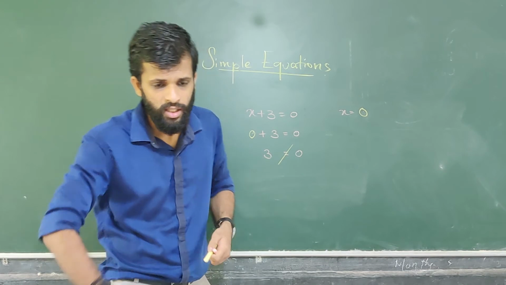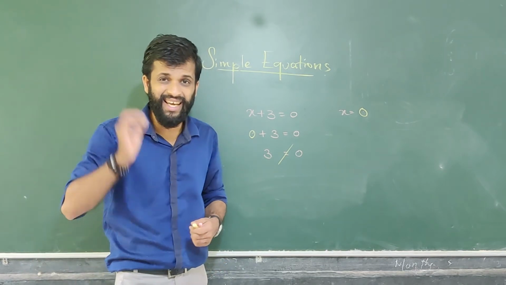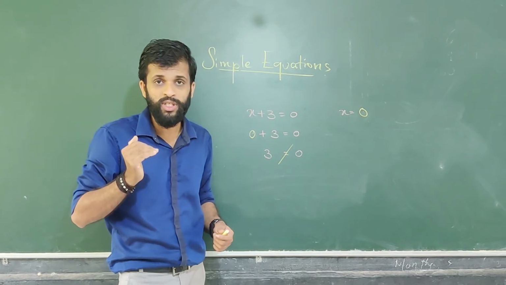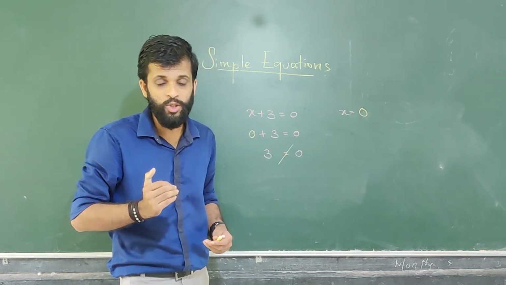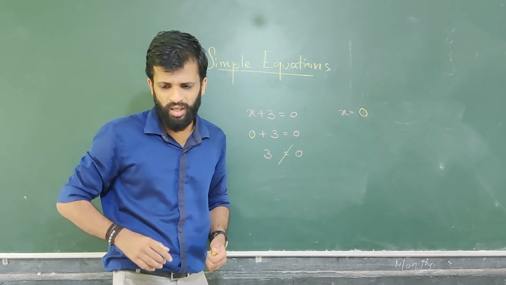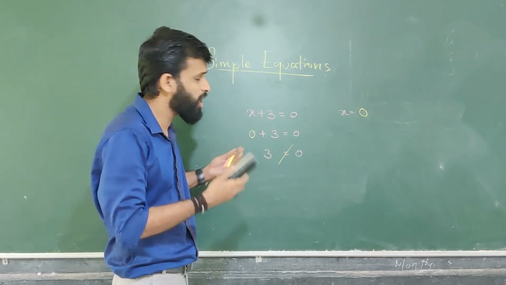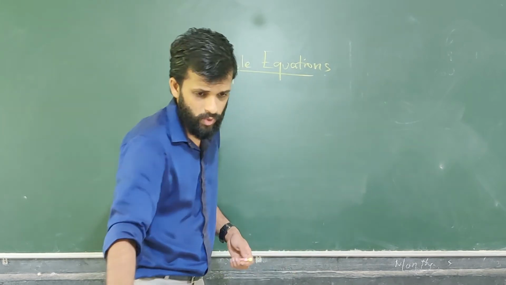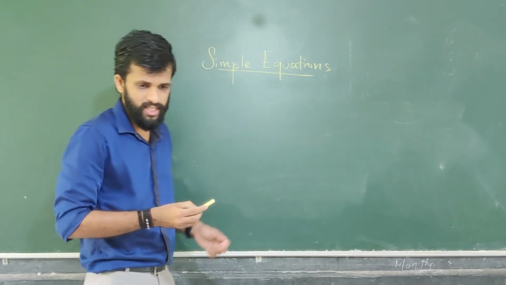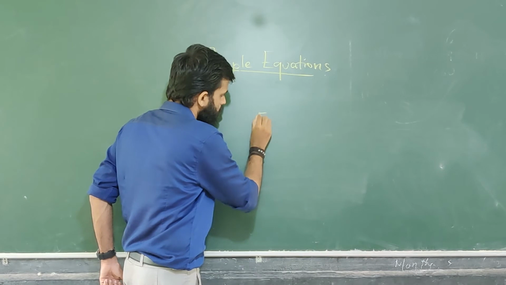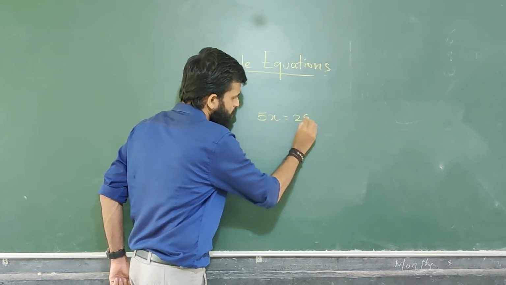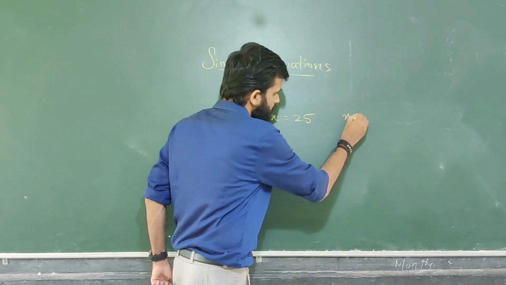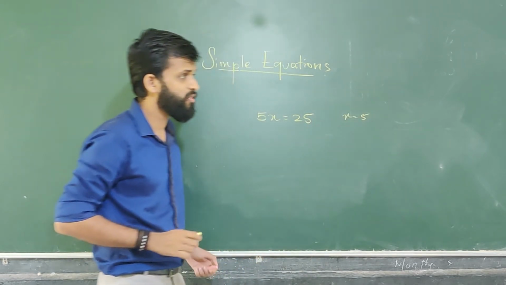So like this, if you look at exercise 4.1, there are a number of equations and you can try solving each of them. Let me take a few more examples for you so that your doubts are clear. So I can say 5x is equal to 25 and x is 5.